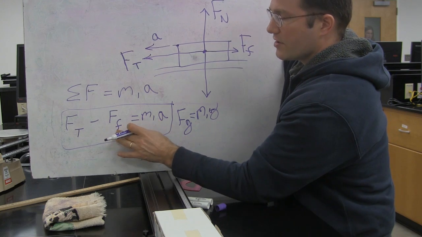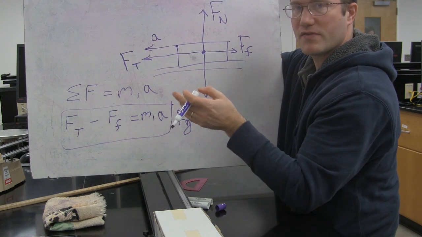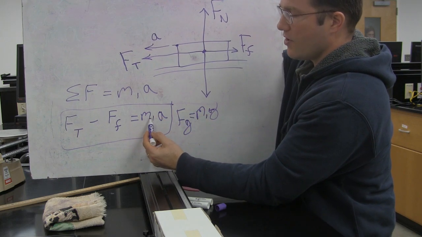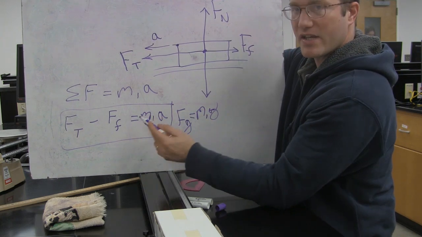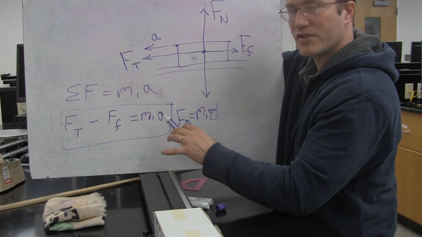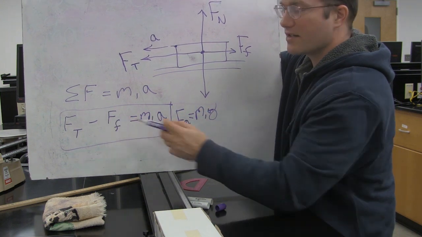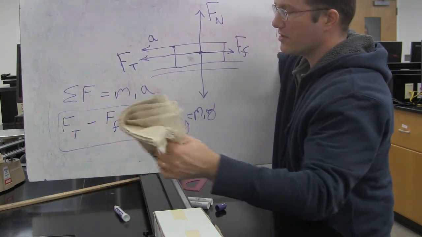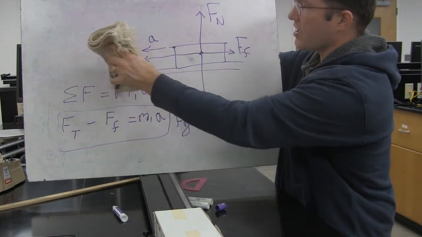And the force of friction, of course, we've already determined, right? And we know what m1 is, so m1 multiplied by a, the average acceleration of the cart down the track. So we can determine what the force of tension is. So that's the force of tension for the cart on the track.